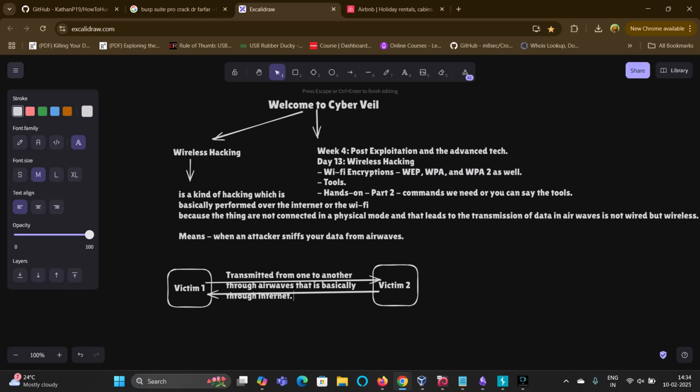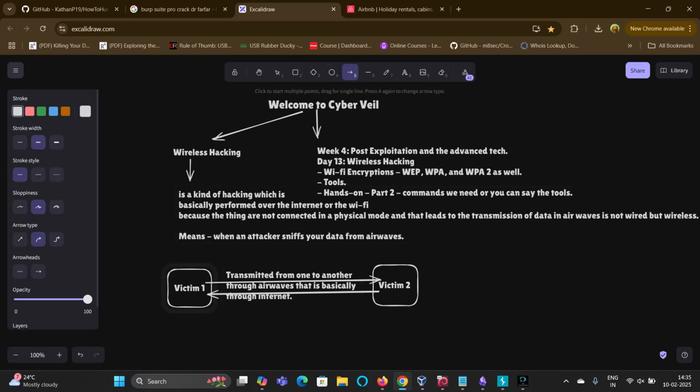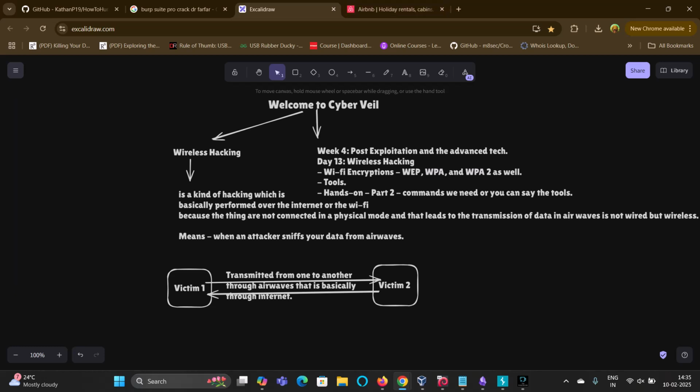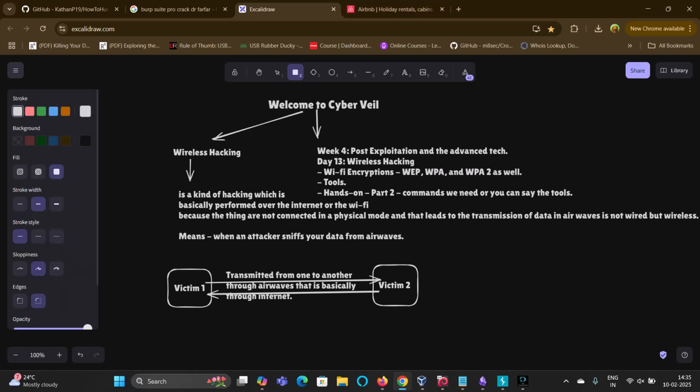What the attacker is doing is, let me write it down here. Let's say this is an attacker sitting in the midst of the internet, or the network.